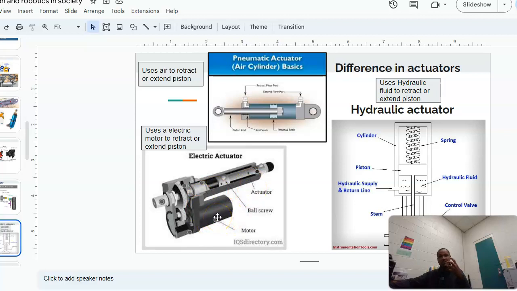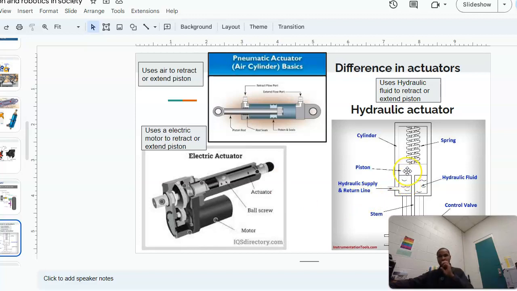That motor uses the electricity from the vehicle or from the building to actually drive these gears to extend the piston. All right. So there's a big difference between the electric actuator, the air actuator, and the hydraulic actuator.